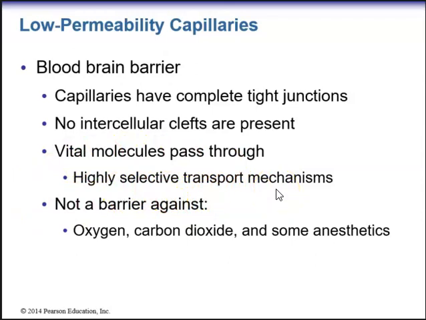However, it does not provide a barrier against oxygen, carbon dioxide, which is important for gas exchange, and some anesthetics, some anesthesias that provide that numb feeling so that we could perform surgery or some sort of procedure without harming our patient or causing our patient pain.